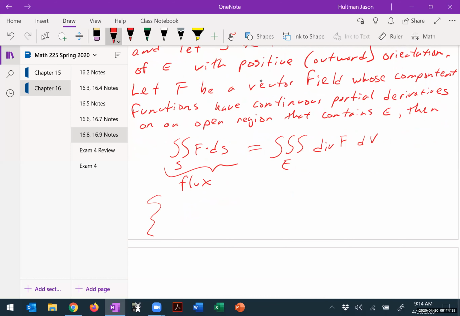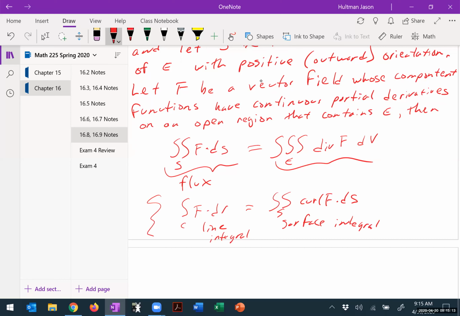Recall that Stokes' theorem took a line integral and equated it to a surface integral, the curl of F dot dS over S. So the divergence theorem is now taking it up a notch.